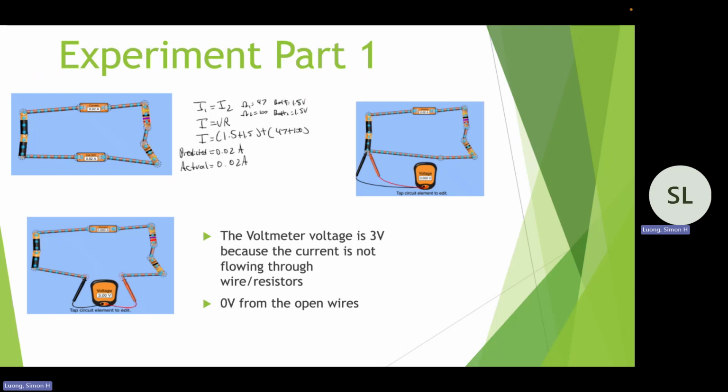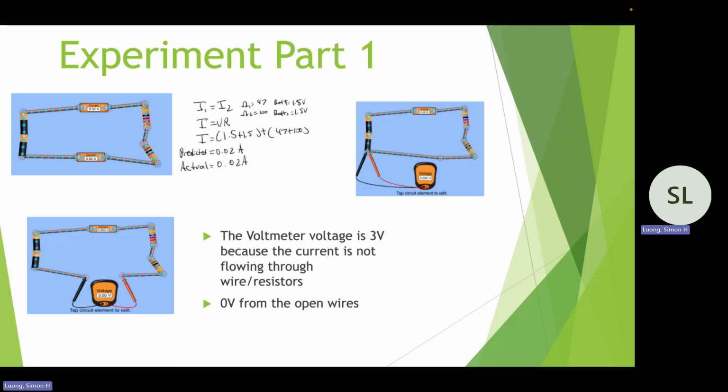So I added the two voltages together, 1.5 plus 1.5, then the two resistors, which would be 47 plus 100 ohms. Taking that all into account, we got a predicted value of 0.02 amps. On the left you can see where I actually made the diagram and then changed the ohms on the resistors, and after doing that I got 0.02 amps, which is the same thing.